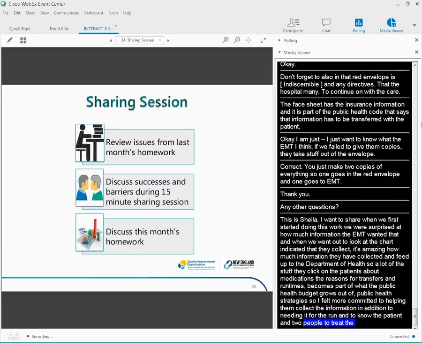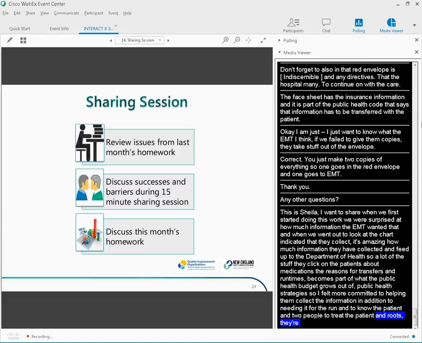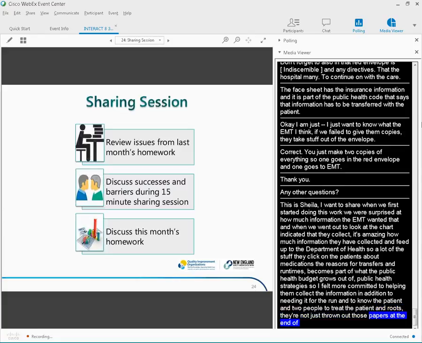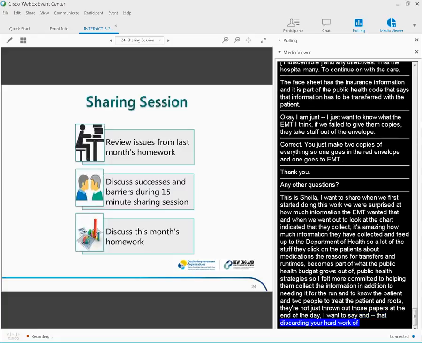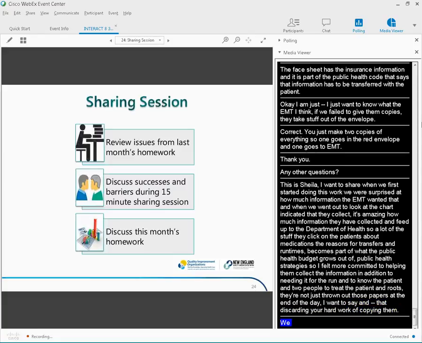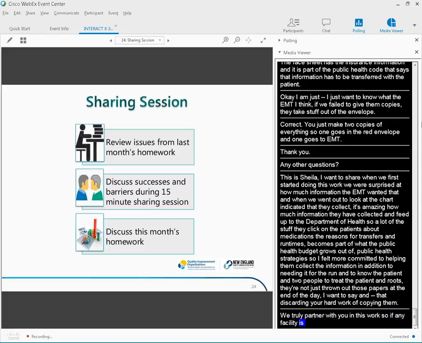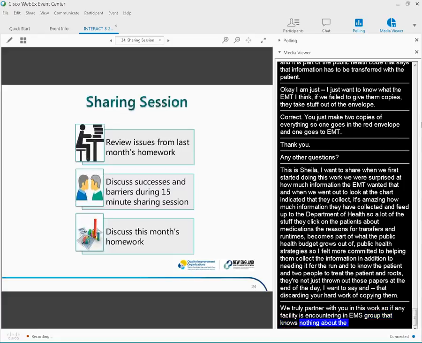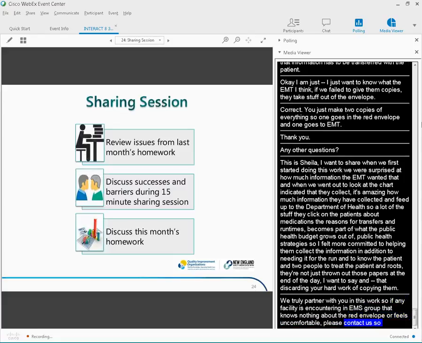They're not just throwing out those papers at the end of the day, I want to say, and not discarding your hard work of copying them. And we truly partner with you in this work. So if any facility is encountering an EMS group that knows nothing about the red envelope or feels uncomfortable with it, please contact us so that we can provide education to the EMS group.